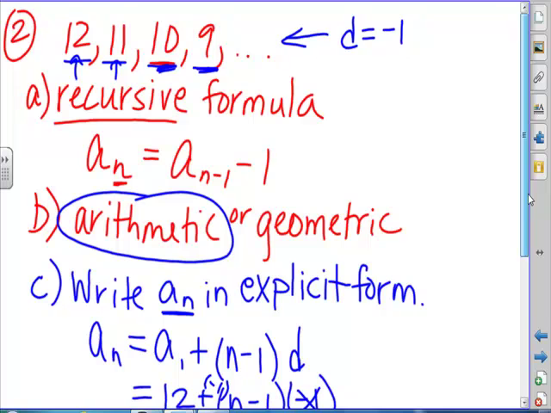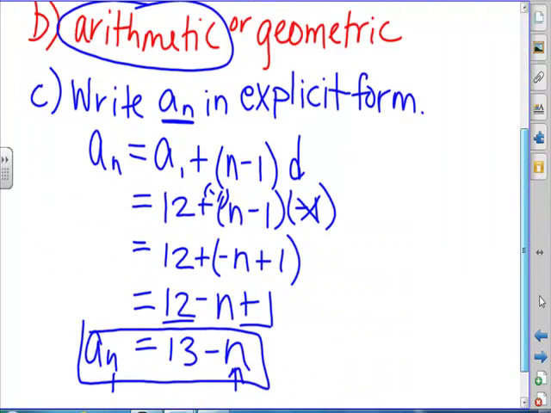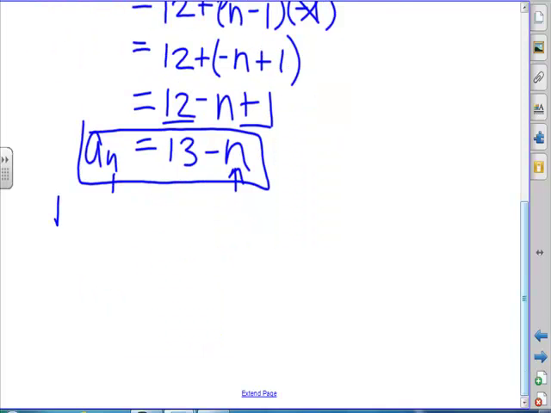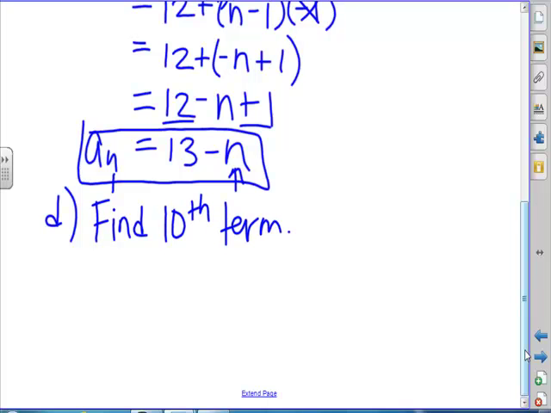So you should be able to write a general form, also called explicit form. And then once you get that equation, you should be able to find any term you're asked to find. So say you're asked to find the 10th term. Then basically a sub 10 is equal to 13 minus 10, and that is equal to 3.